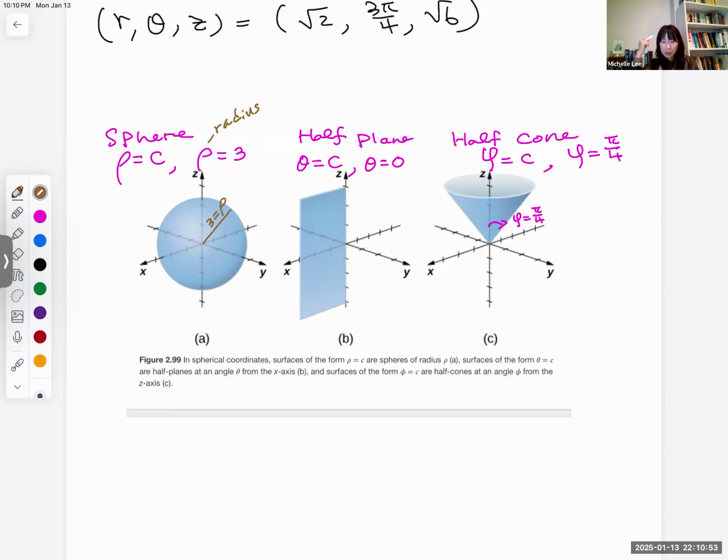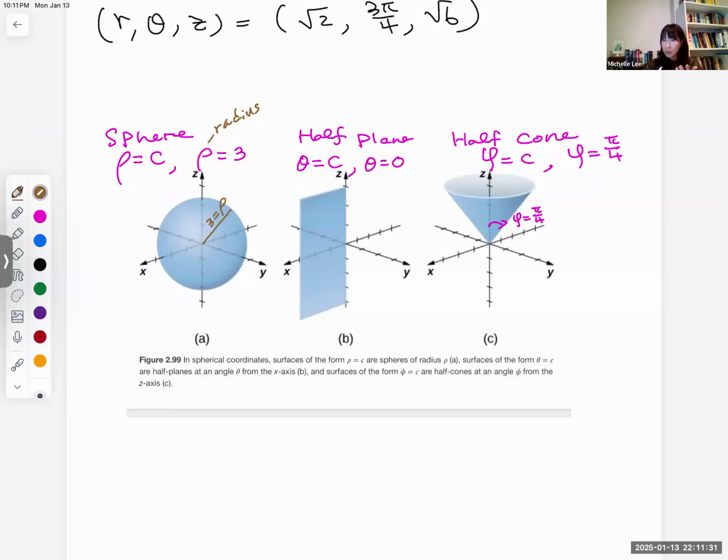Okay, second one, we say the half plane. And then the form of the equation is theta equal to some number. In that case, there is no angle theta, it just stays there. So theta equal to 0 radians. Okay, now the third one, we say that this is a half cone.